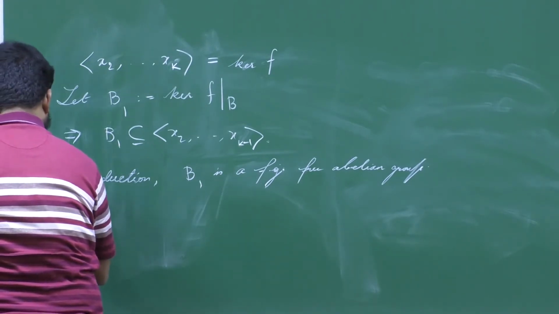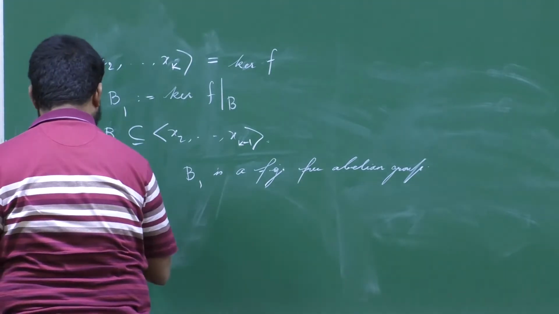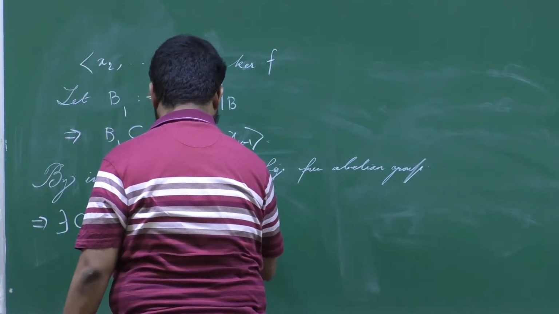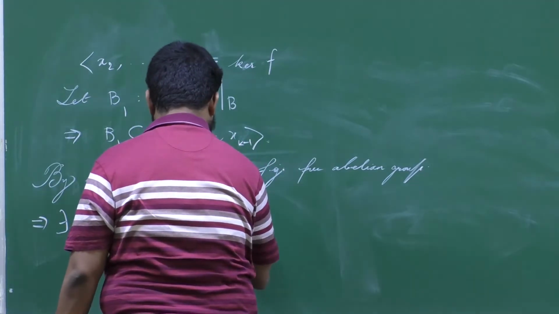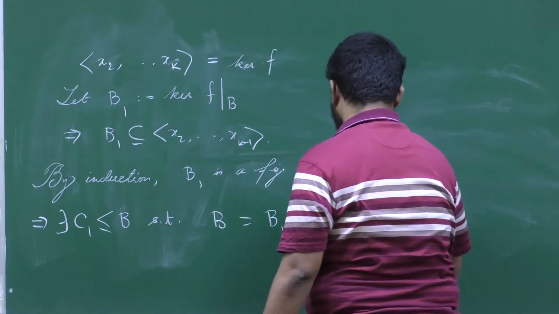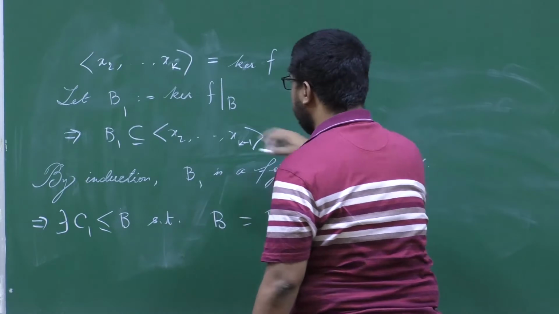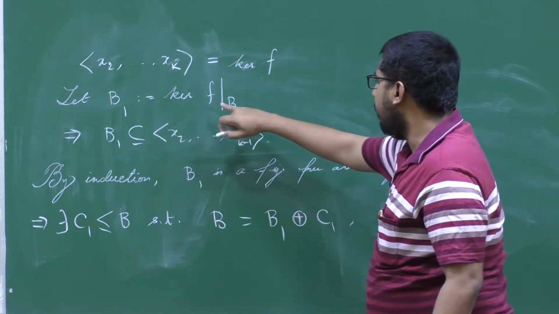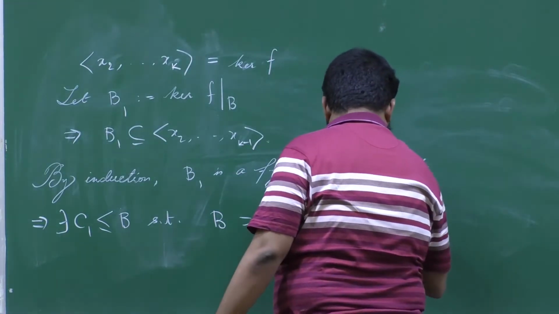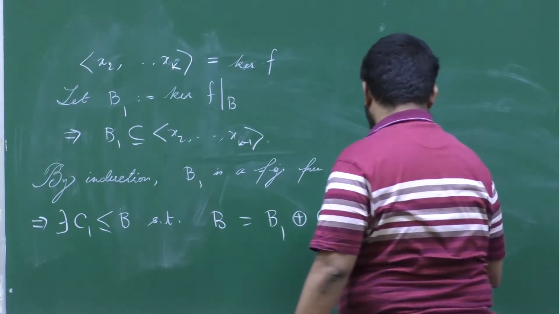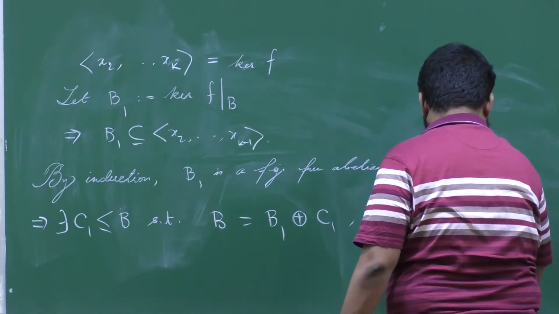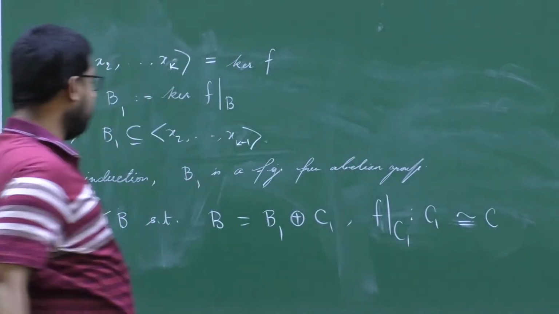That yields that there exists a subgroup C1 of B such that B is the kernel B1 direct sum C1, and we have already restricted F to B, and C1 is a subgroup of B. If we further restrict F to C1, then that is going to be an isomorphism from C1 to the subgroup C. This is the situation.